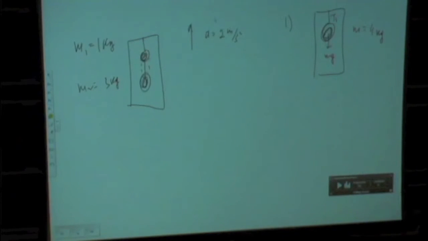So that's why here we only have tension and gravity. So for the positive y direction, m times a equals tension minus gravity. So 4 times 2 equals tension minus 4 times 10. Tension equals 40 plus 8, 48.